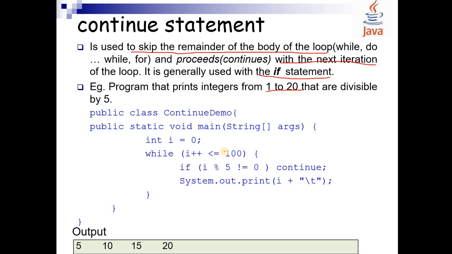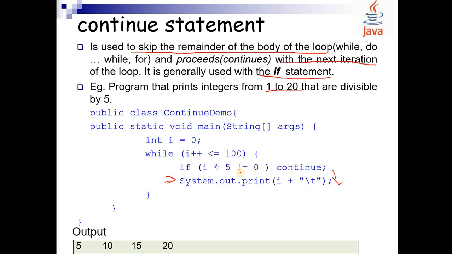That is when i is 2. If this is not true, don't go to this statement. That's what we mean: skip the remainder of the body of the loop and go to the next iteration. So go to i equal to 4. If it is not 0, don't continue with this statement, but go to the next iteration.